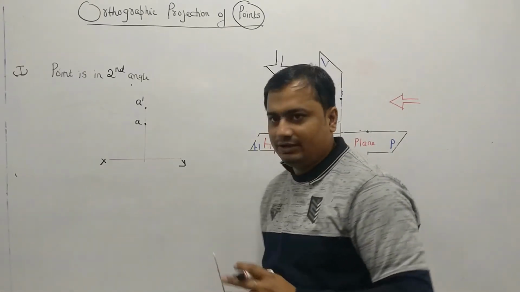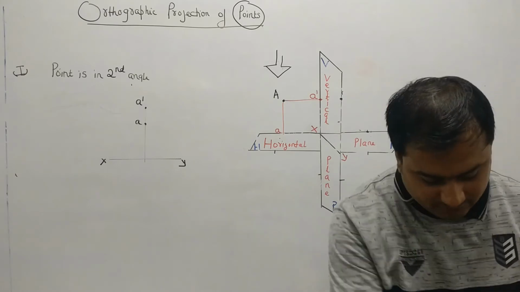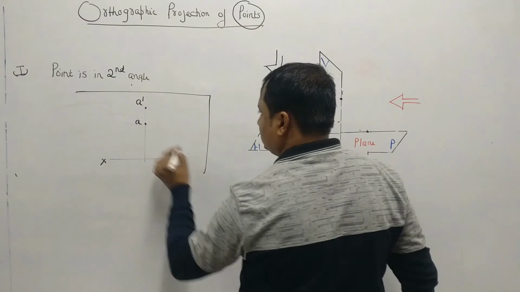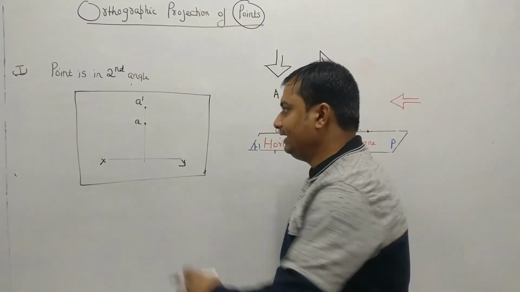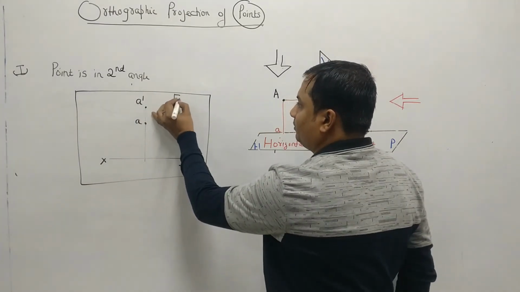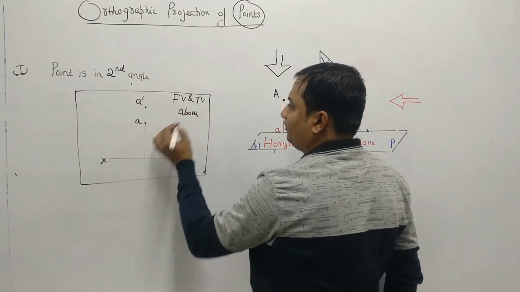I am not giving you the conclusion that A dash will be above or A will be above. That is not the conclusion. The conclusion is that both will be above: both A dash, the front view, and the top view will be above.